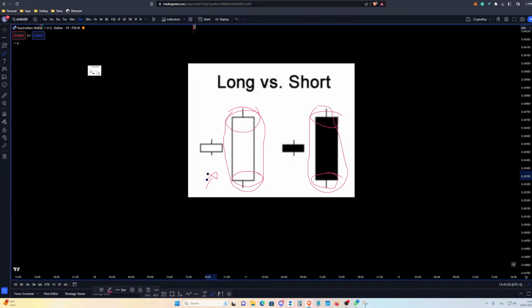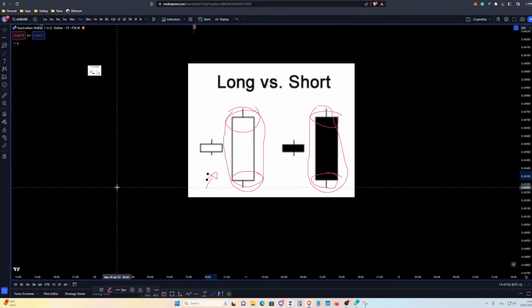Okay, so what's the story here? Candlesticks have different body sizes. We have long body size and we have a short body size, as you can see both scenarios. Long bodies referring to strong buying or selling pressure. If there is a candlestick in which the close is above the open with a long body, this indicates that buyers are strong and they are taking control of the market during this period of time.